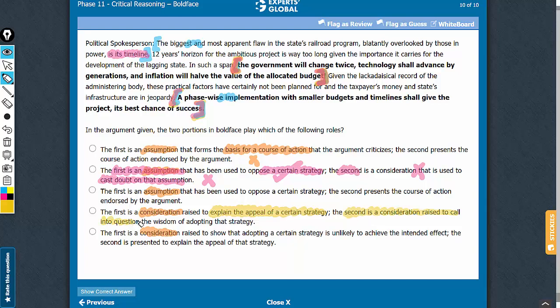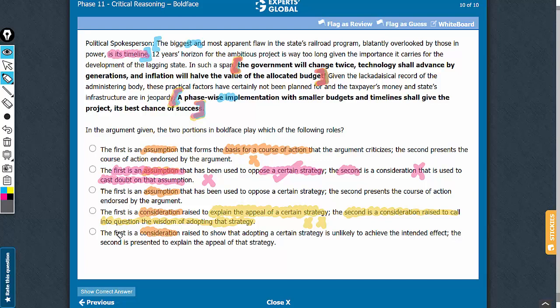And then it says that the second is a consideration raised to call into question the wisdom of adopting that strategy. Which strategy? The same strategy here. This certain strategy is the strategy talked about in the second boldface. The second boldface cannot be calling into question its own strategy. So answer choice D is a very weird answer choice. This is not going to be correct.